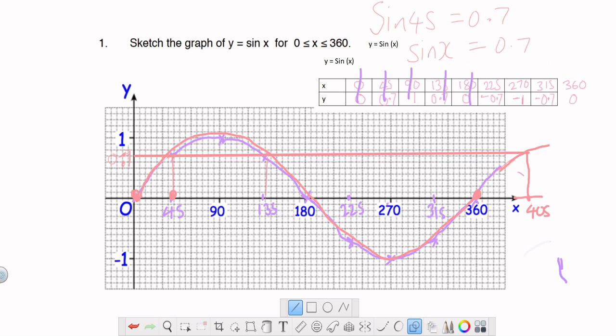Let's suppose, let's go for sine 225. Let's suppose you're given sine 225, and let's say they tell you it's minus 0.7. What other value of x will give me minus 0.7? Well, let's find 225. 225 is right there.